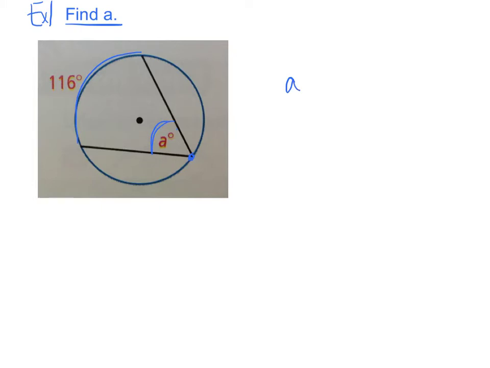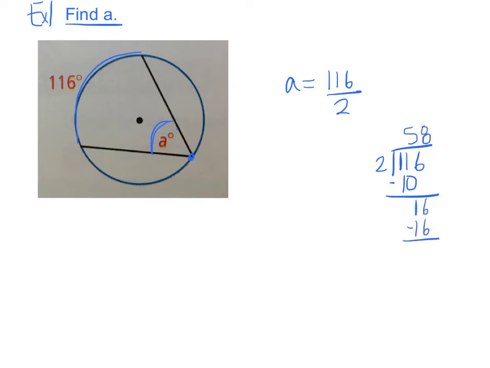So angle A equals half of 116 degrees. So I'm going to take 116 and divide by 2. Let's see what we get. Looks like angle A equals 58 degrees.